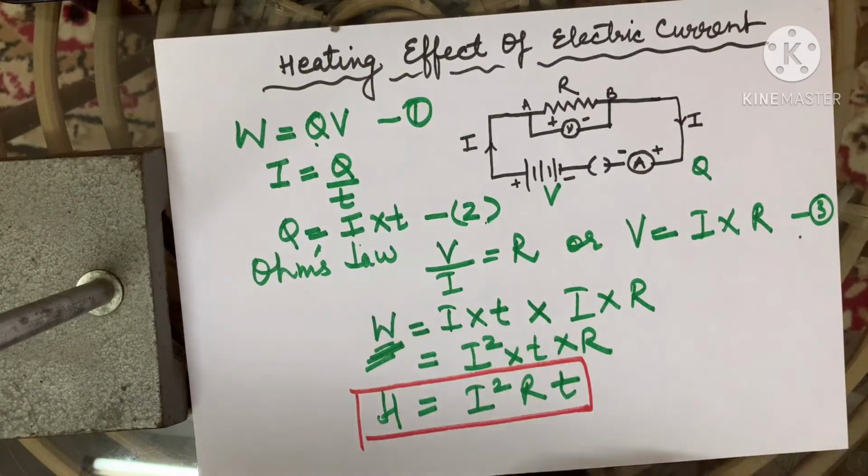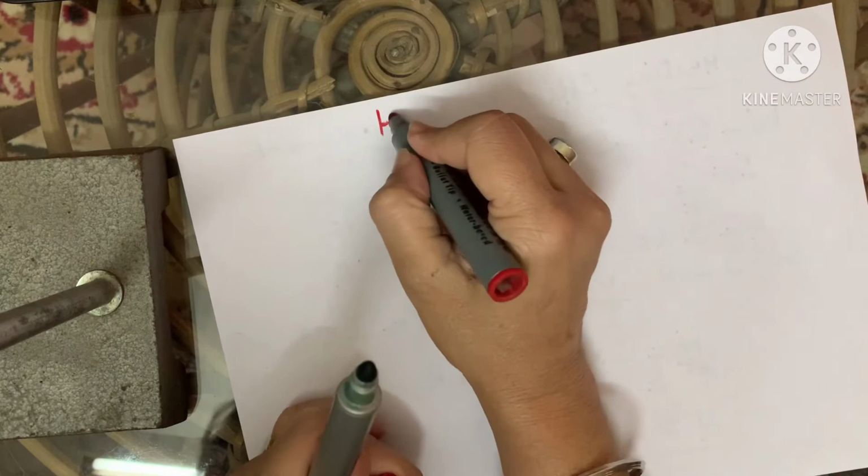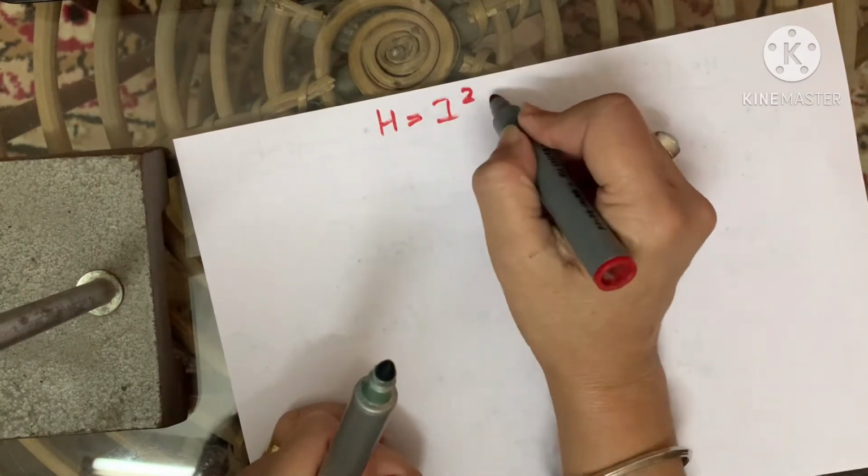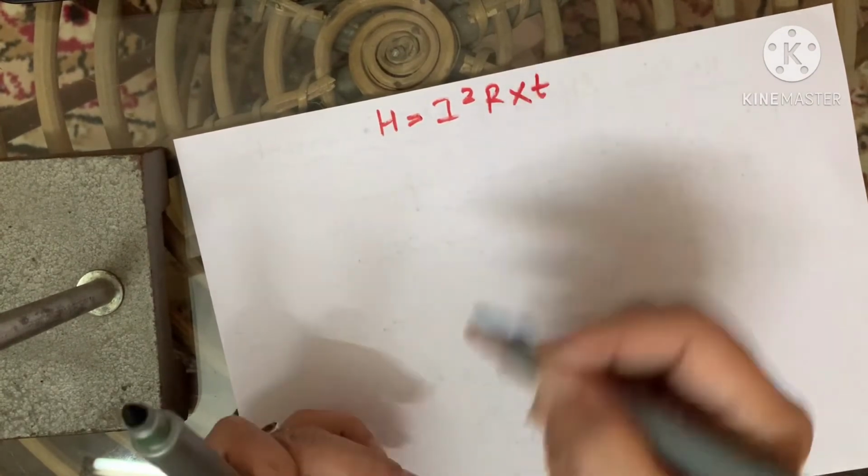This formula, actually I'll write it again. H = I²RT.